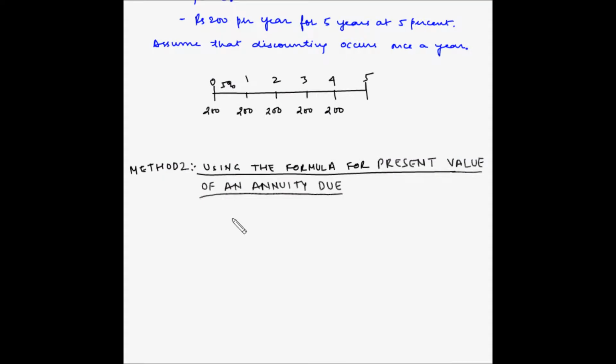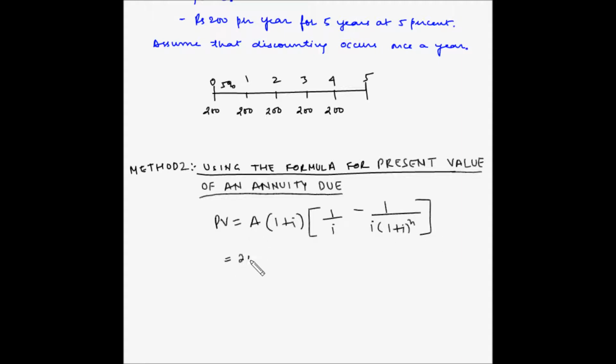Now, as we have seen in the previous videos, the formula for finding the present value of an annuity due is present value is equal to A into bracket 1 plus I into bracket 1 divided by I minus 1 divided by I into 1 plus I to the power n. So let us plug in the values.